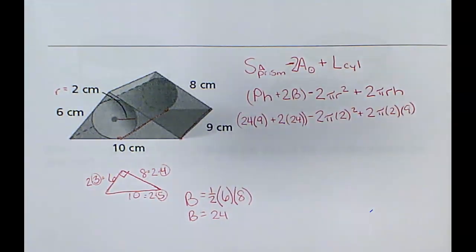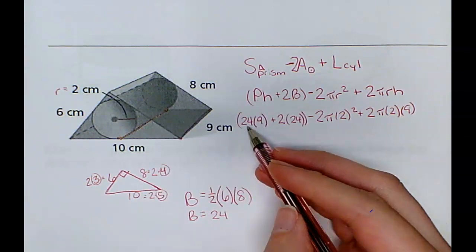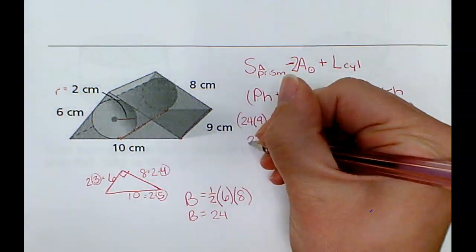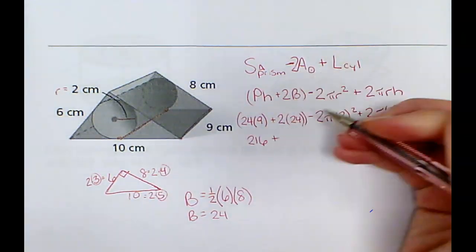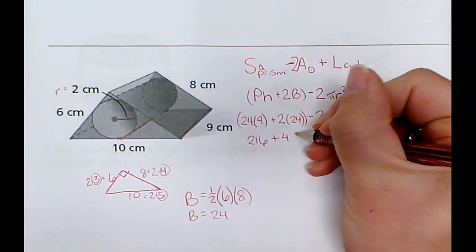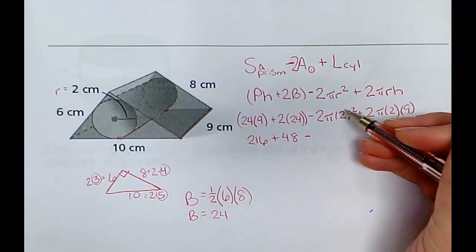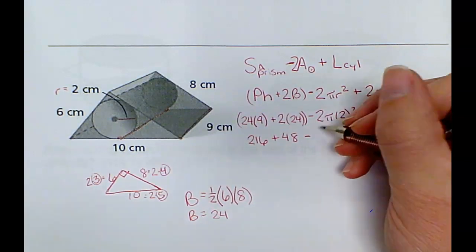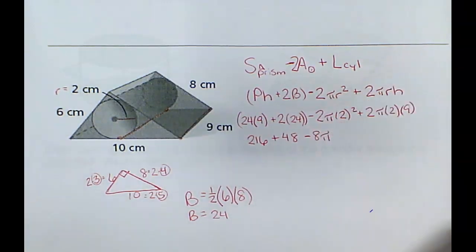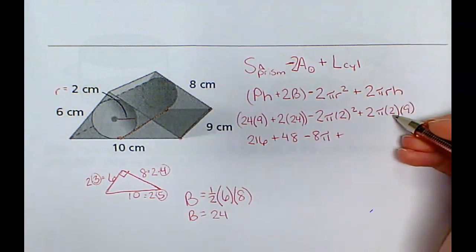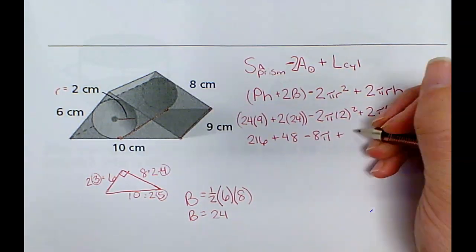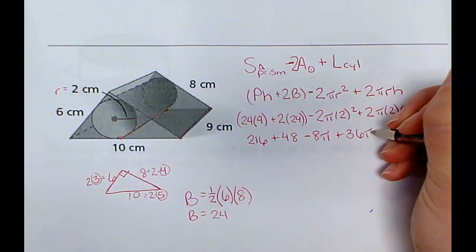And now you can multiply all the pieces together. So 24 times 9 is 216. 2 times 24 is 48. 2 squared is 4, and 4 times 2 is 8 pi. 2 times 2 is 4, times 9 is 36 pi.